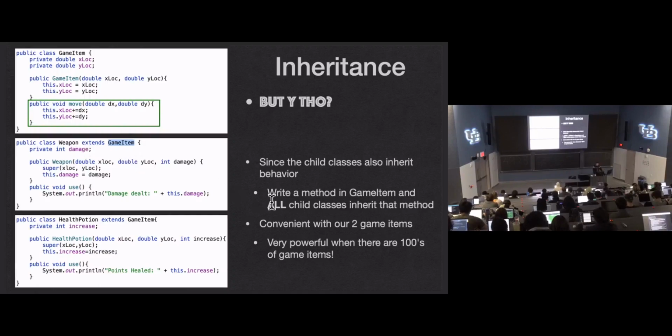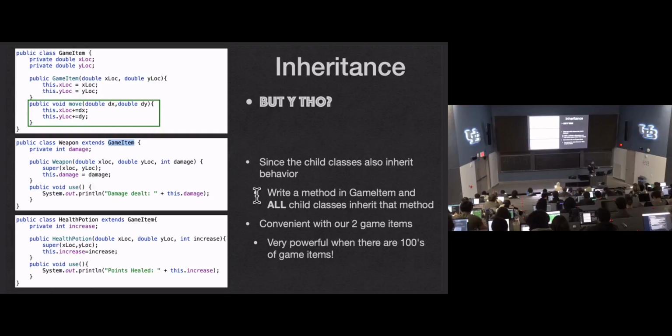If I have public class sword extends weapon, and weapon extends game item, then my sword gets all the state and behavior of the weapon class, and since weapon already has all the state and behavior of the game item class, my sword will have all the state and behavior of all three classes in addition to everything defined in sword.